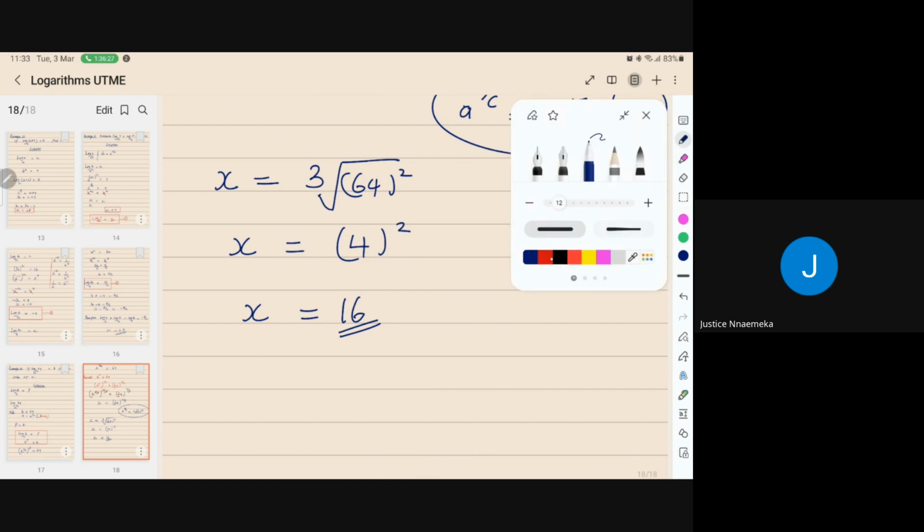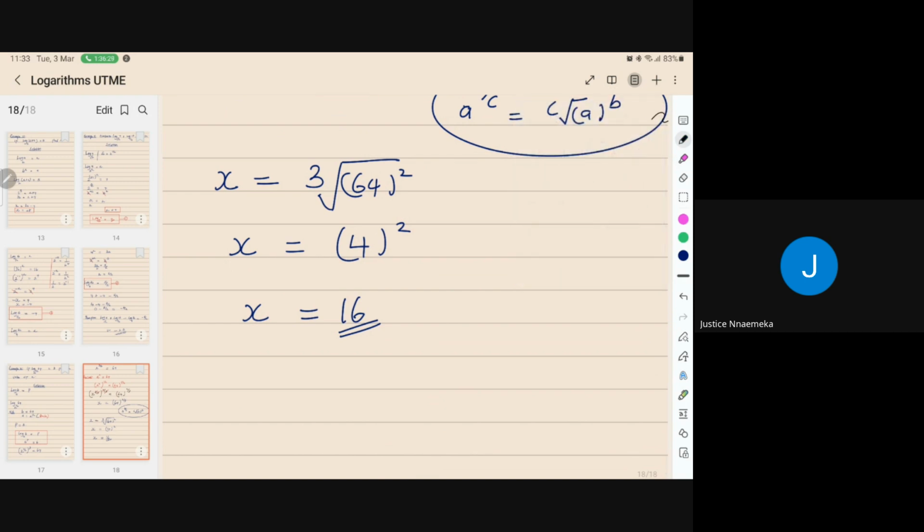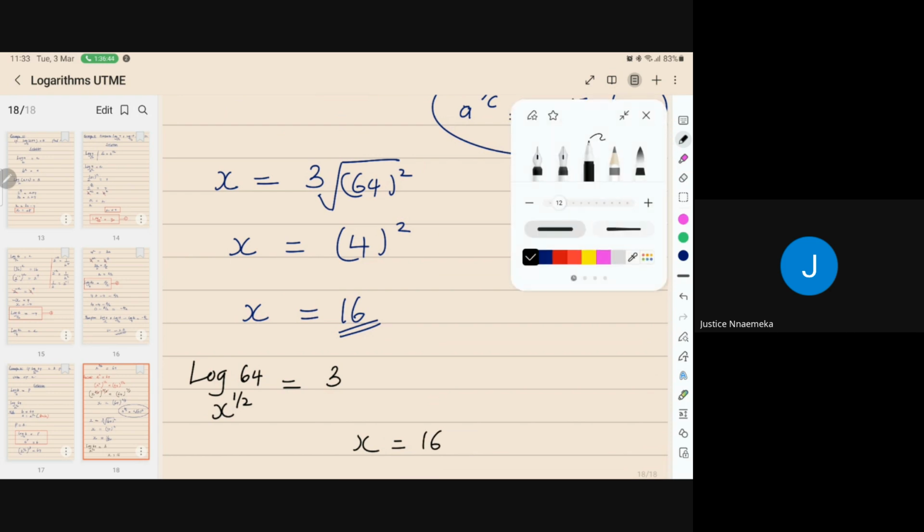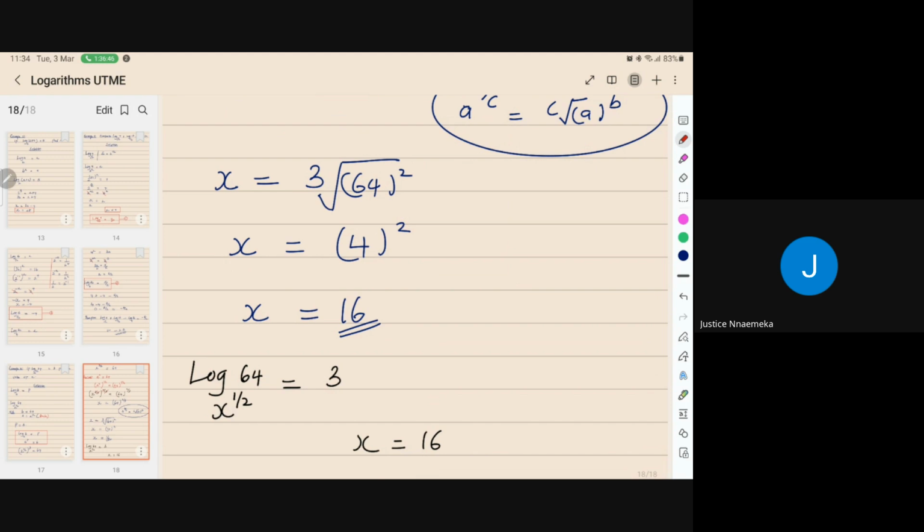So therefore, it means that very question we are trying to solve, where they said that log base x of 1 over 2 to 64 will be equal to 3, so that x equals 16. So for you to actually do well in this logarithm, you must understand your indices so well.